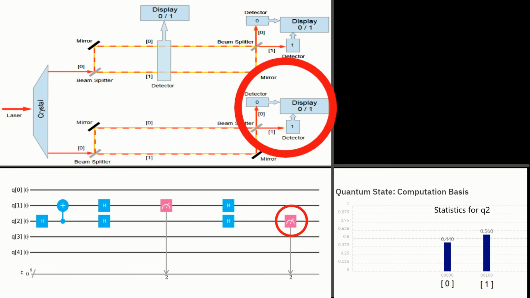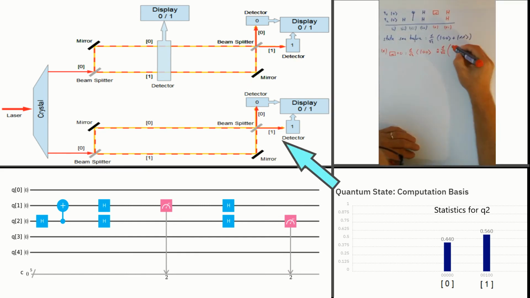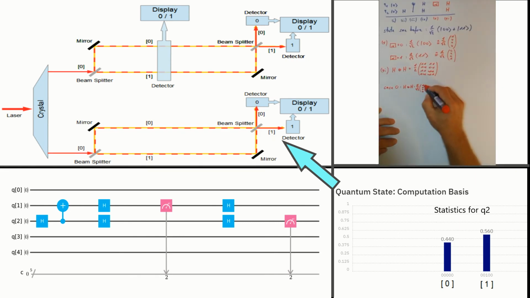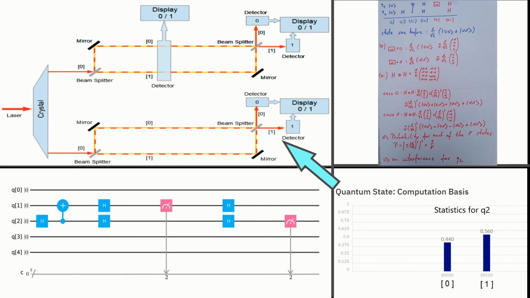Evenly distributed zeros and ones also here, although we did not apply any which path measurement. There is no more interference phenomenon in both interferometers. Because of entanglement, the which path information is present also for the lower one, although no which path measurement is applied. It appears that it's the information that counts more than anything else.